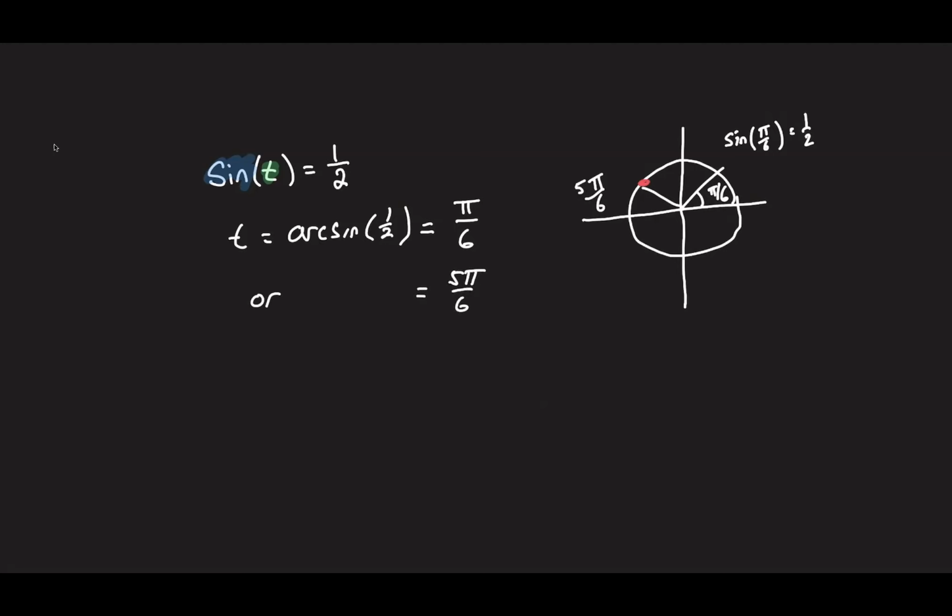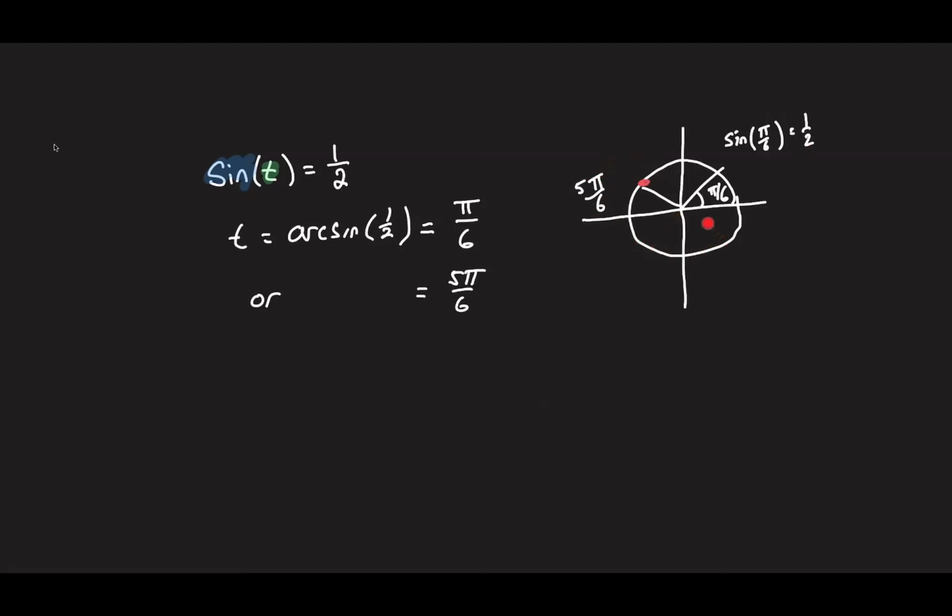Okay, the smallest positive solution. Oftentimes when you're looking at these types of problems, especially on WeBWorK, they're going to ask you, what's the smallest positive solution? The smallest positive solution is this one over here, which is pi over 6. The next smallest positive solution is this one over here, which is 5 pi over 6. As we go around, this is the only time sine is going to be 1/2.